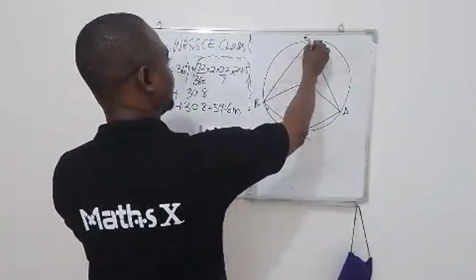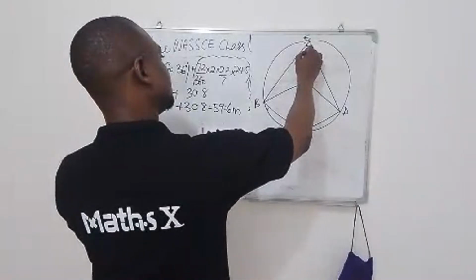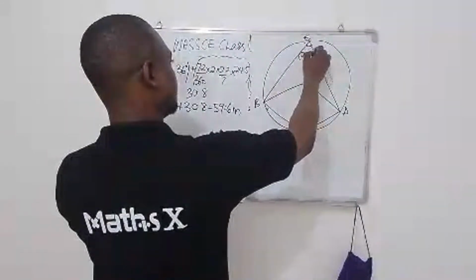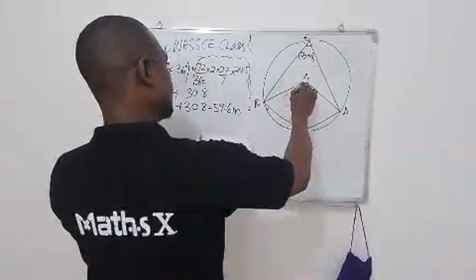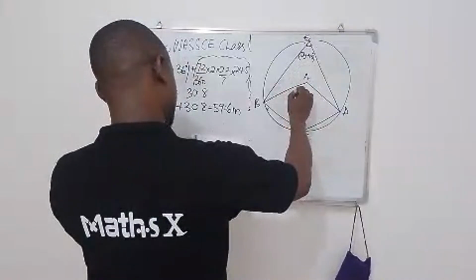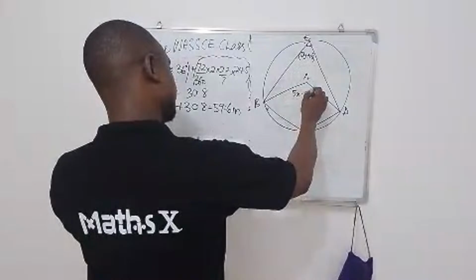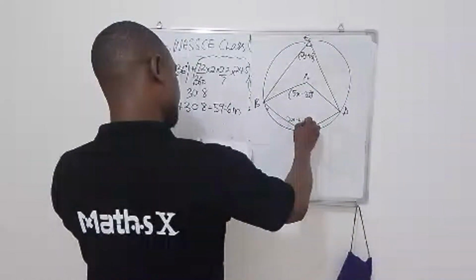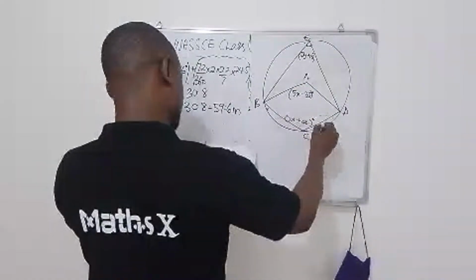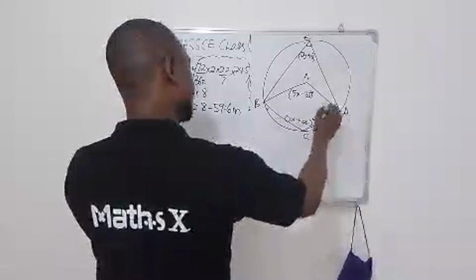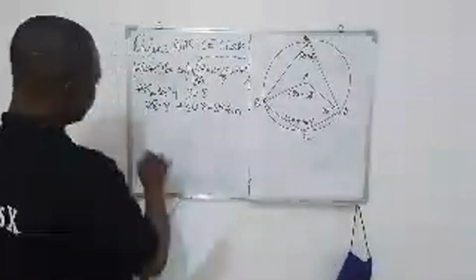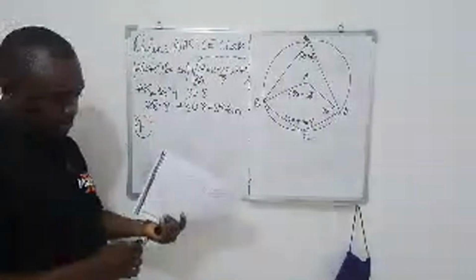So the angle here is 2y plus 10 degrees, 5x minus 35 degrees, 2x plus 40 degrees, and we have 40 here. All right, that's what we have. So that's our diagram for number 4. Like I told you, it's our last question for today.